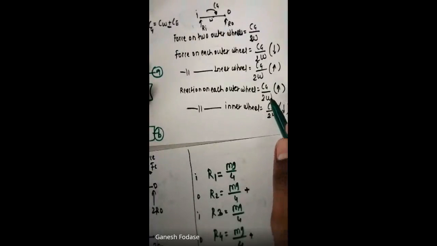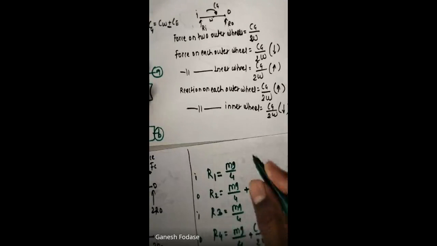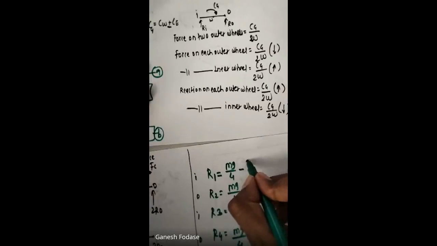So how much magnitude is it? Cg upon twice W. And for the next 2 wheels, for inner wheel it is downward. Downward means negative. Magnitude is the same, but it is downward. So it is Cg upon twice W, but minus.